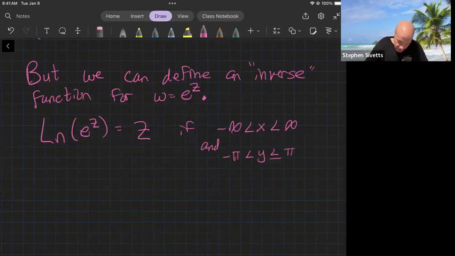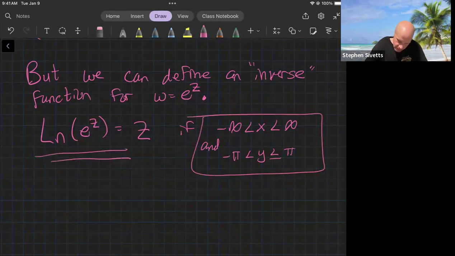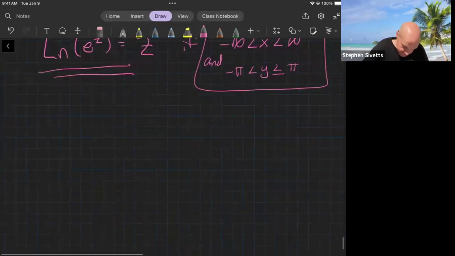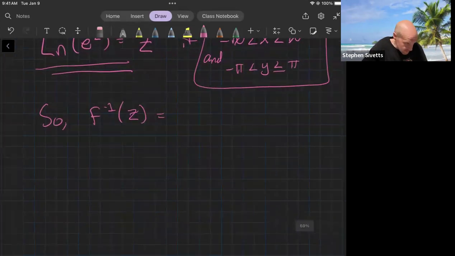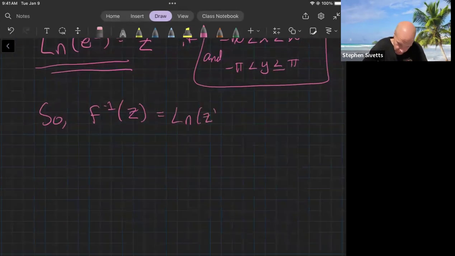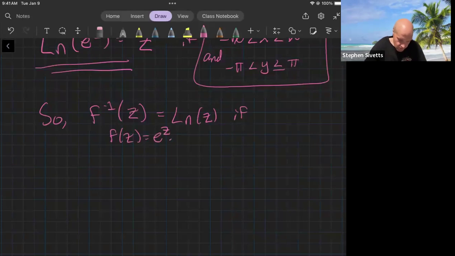So this relationship would be true as long as x is a real number and y is between minus pi and pi. So the inverse function would equal the capital natural log of z if f of z is e to the z. That's the corresponding inverse function, right?